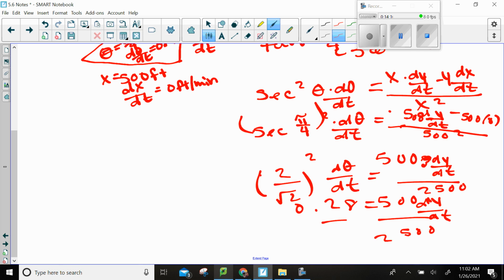So 0.28 times 2,500 divided by 500. I get 1.4. So dy/dt equals 1.4 feet per minute. And there it is.